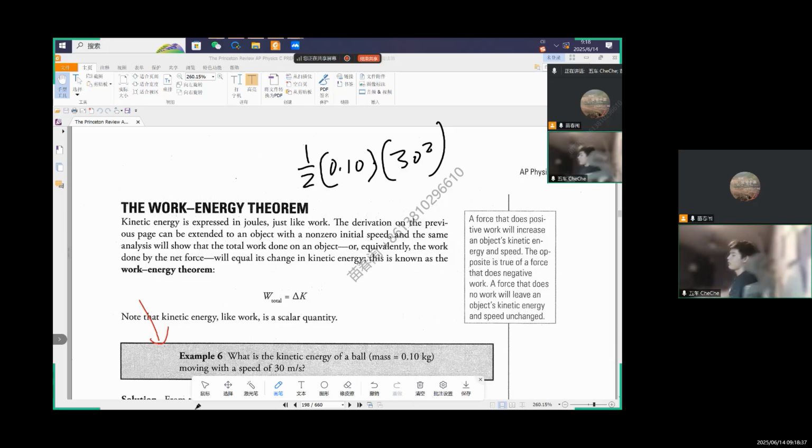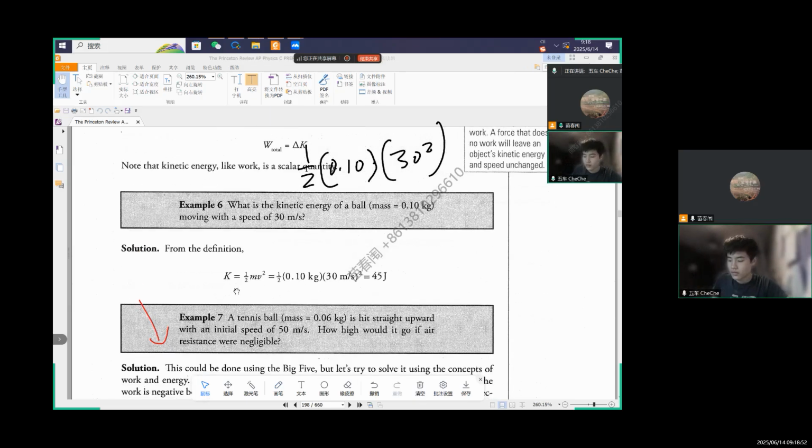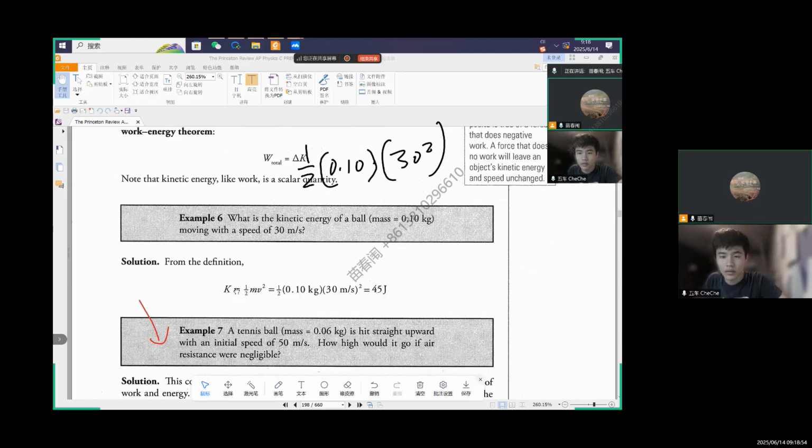Okay, got it. So 0.05 times 30 squared, 45. And then the unit is J, right? Yeah, 45 joules.